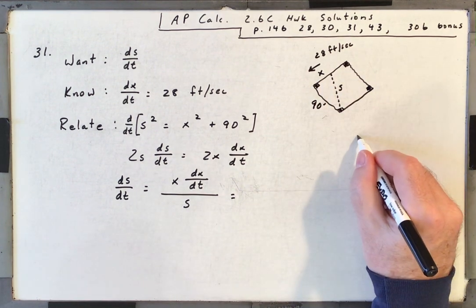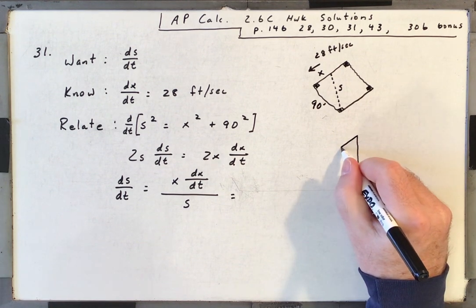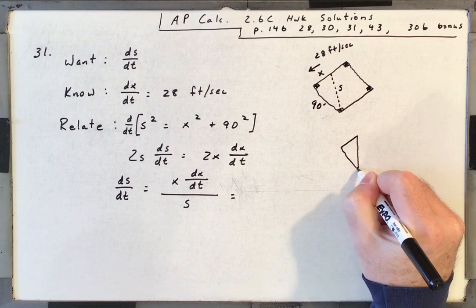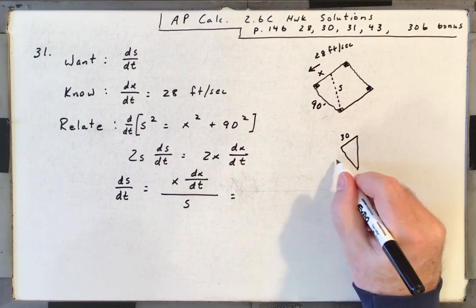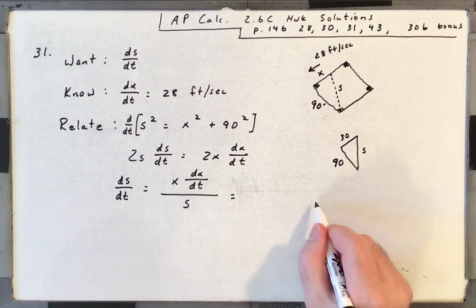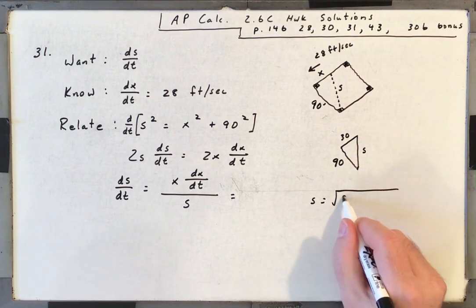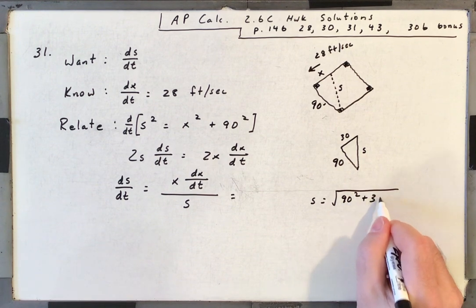So I've got this triangle here. We know this is 30 and this is 90. So s is going to be the square root, s is the hypotenuse, right, of 90 squared plus 30 squared.